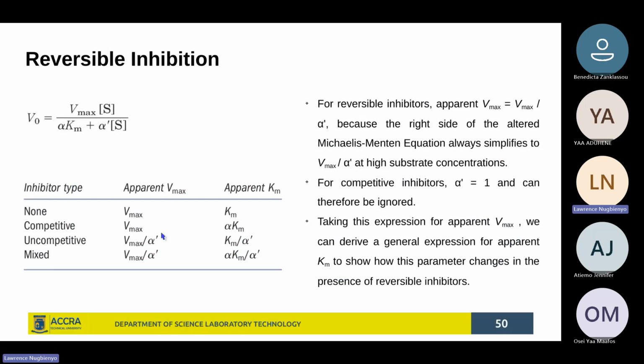You need more substrate in order to achieve the maximum rate of reaction. And so that change is depicted here as alpha Km, meaning you need more of the substrate to reach the maximum. The others, you see, yes, they are affected, uncompetitive, and then the mixed inhibition, as we saw earlier, both the maximum rate of reaction and the Michaelis-Menten constant are affected in that case.